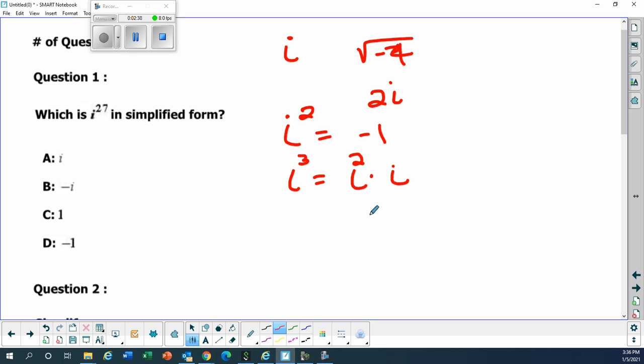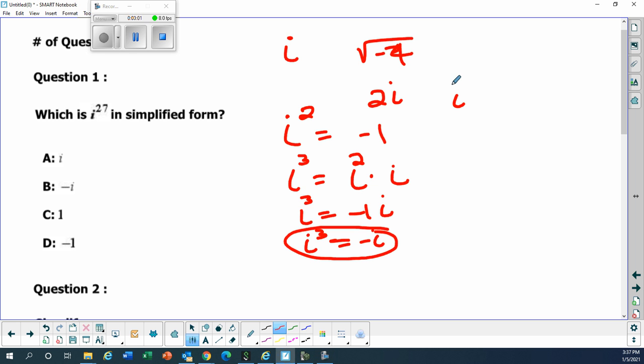So I already know i squared is -1. So i cubed is going to give you -1i, or it's just going to be -i. So if I have i to the cube power, the answer would be -i.